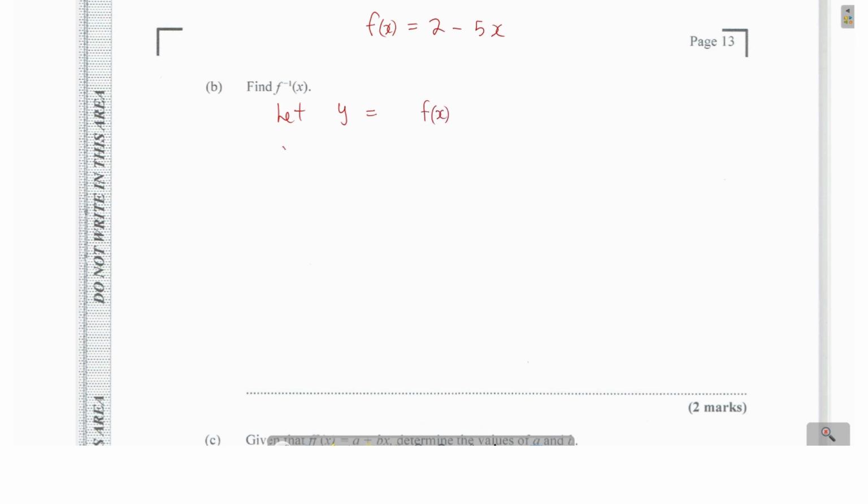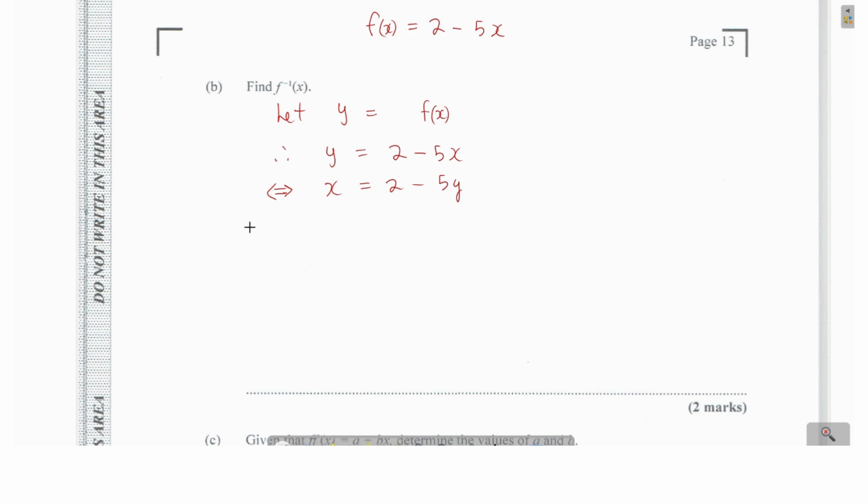Therefore, we would have then y equals 2 minus 5x. The first step we need to do then is to interchange the x term with the y term. Therefore, we have x here, and then we have 2 minus 5y.